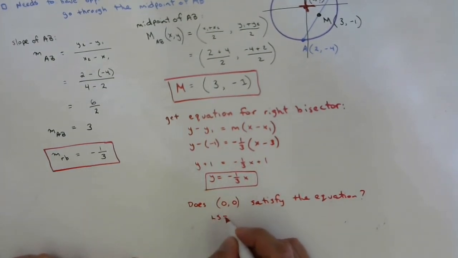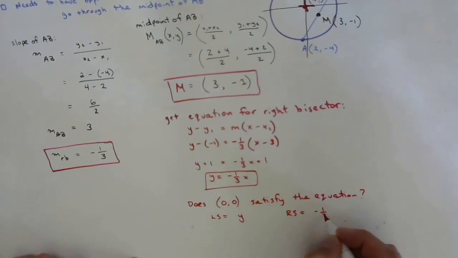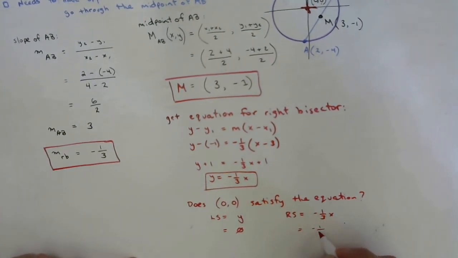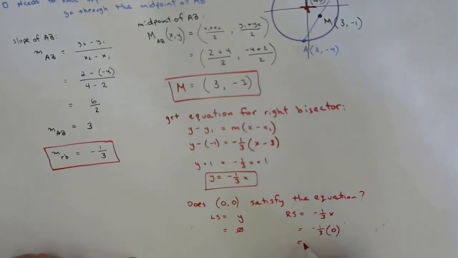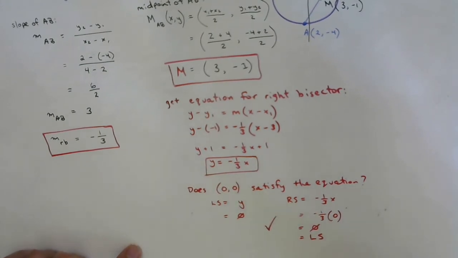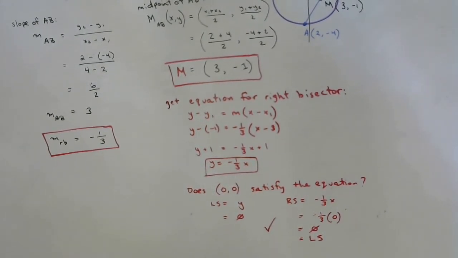Left side, y. Right side, negative 1/3 x. Left side, 0. Right side, negative 1/3 times 0, which is 0. Is it true that 0 equals 0? Yes. Therefore, my left side equals my right side.